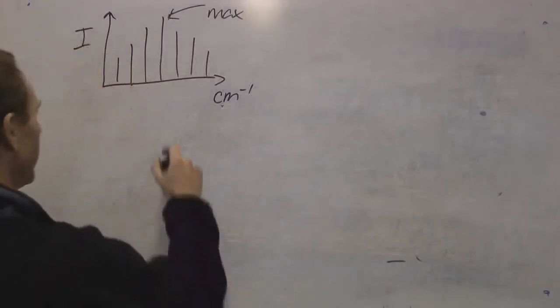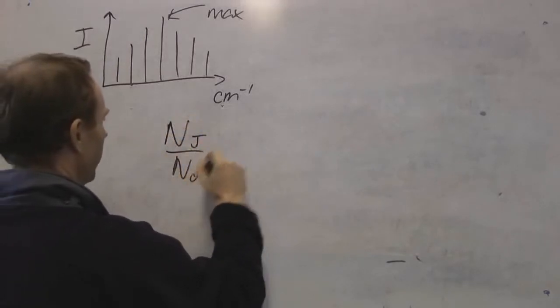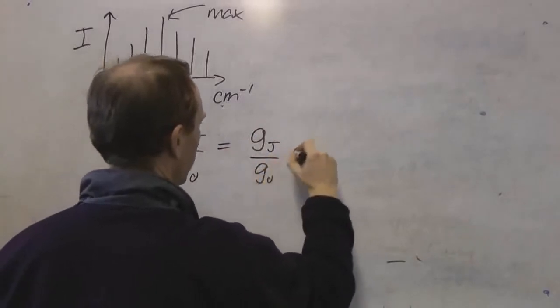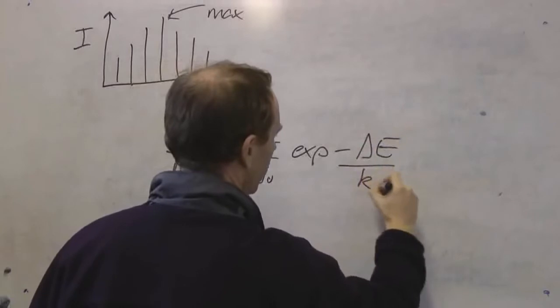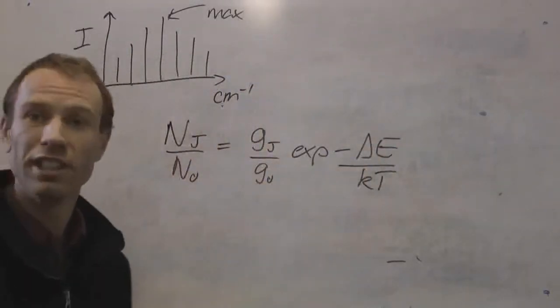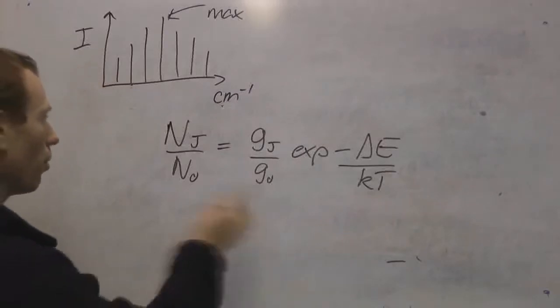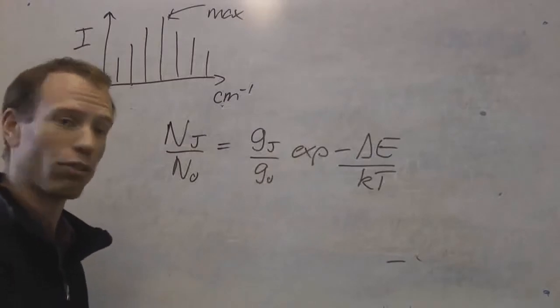So the starting equation for this is the Boltzmann equation, including the degeneracy, because that's what determines where this maximum occurs. So we have N_J over N_0 equals g_J over g_0 times exponential of minus delta E upon kT. We've discussed all these terms in detail in the lecture, so I won't go into more detail now. What we want to do is substitute the appropriate values for rotational spectroscopy.